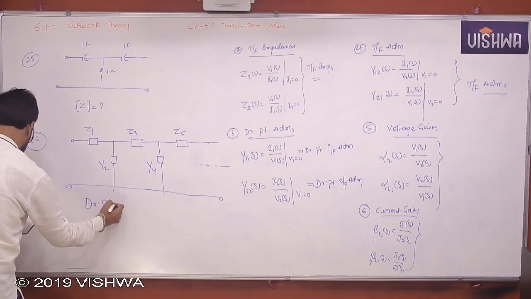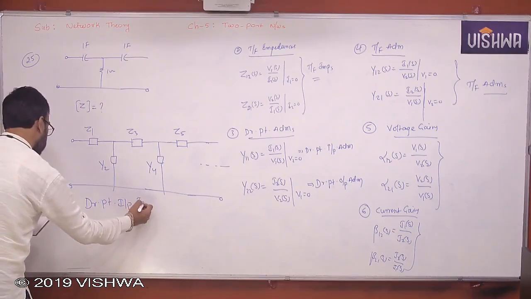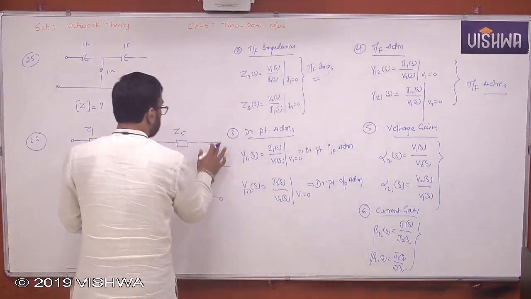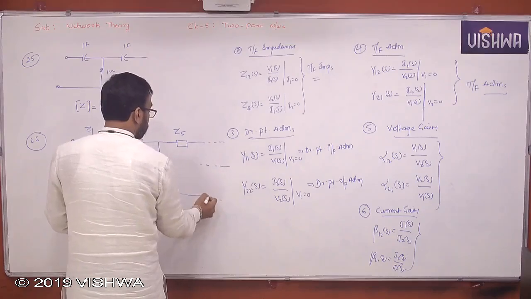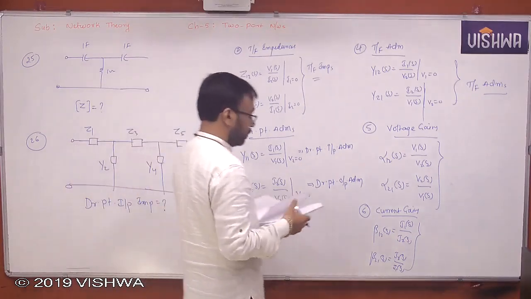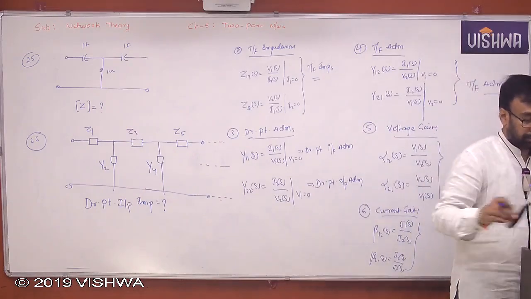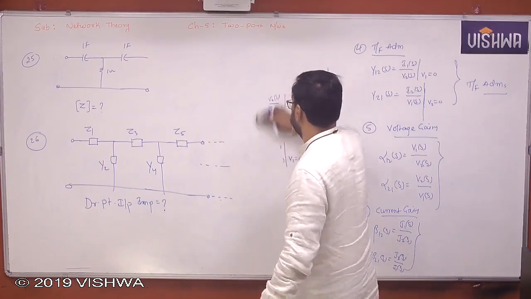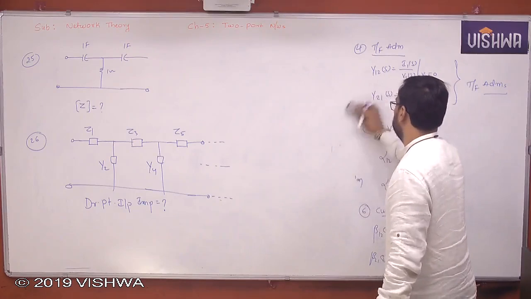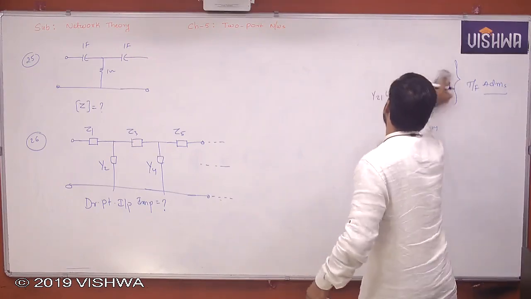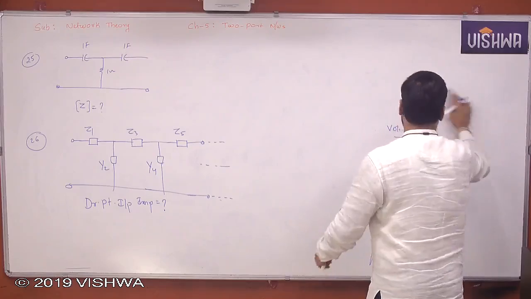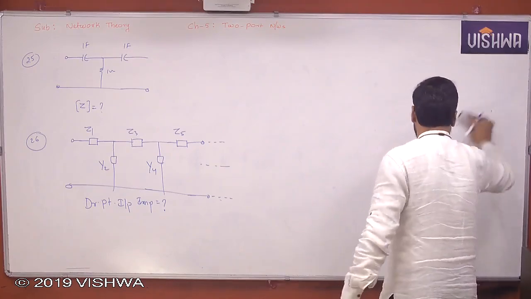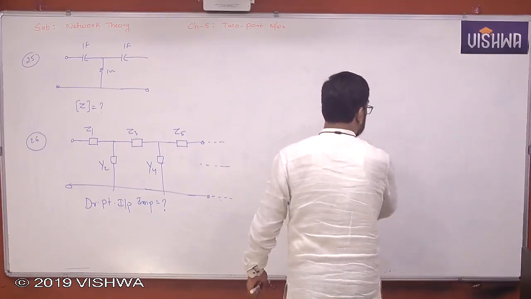Driving point input impedance. You have driving point input impedance, driving point input admittance, output impedance, output admittance, transfer impedances, transfer admittances.